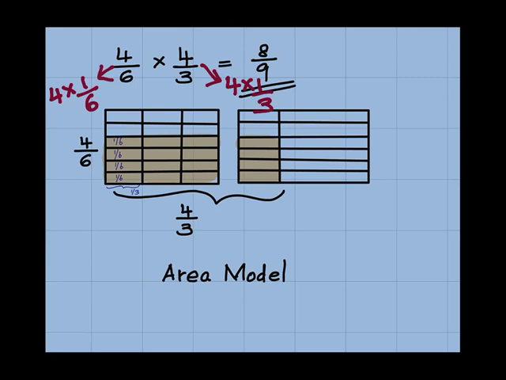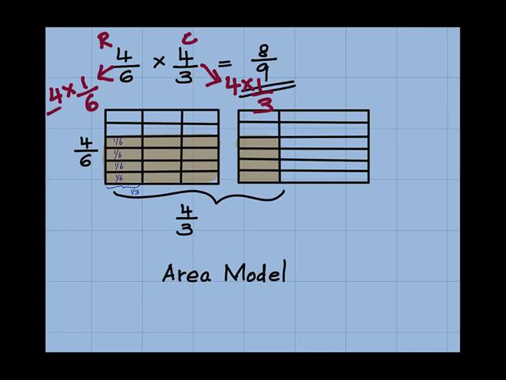Let us focus on the rows for this fraction, and the number of columns for this fraction. Let me write R for rows here and C for columns.